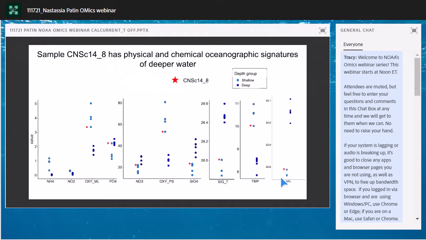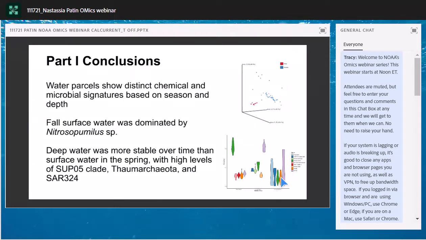So for example, it has the lowest oxygen levels of all of the shallow samples, where most of the low oxygen samples were coming from the deep water column. Same thing with density and salinity. And so what we're really seeing here is a signature of a deeper water column sample that ended up in the shallow part of the water column. And this was reflected as well in the microbial community.